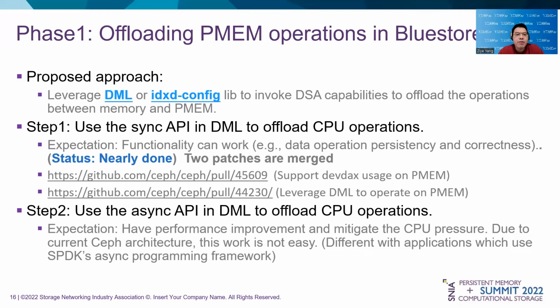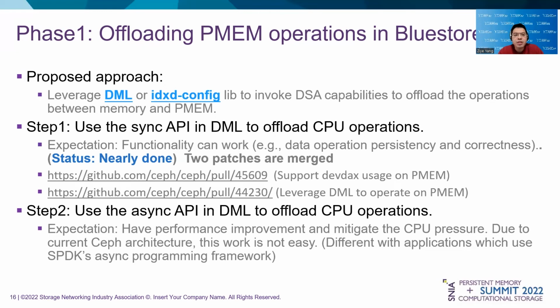We will leverage the DML data mover library or the IDXD config library to invoke DSA capabilities to offload the operations between memory and persistent memory. Step 1, we can use the synchronized API in DML to offload the CPU operations.